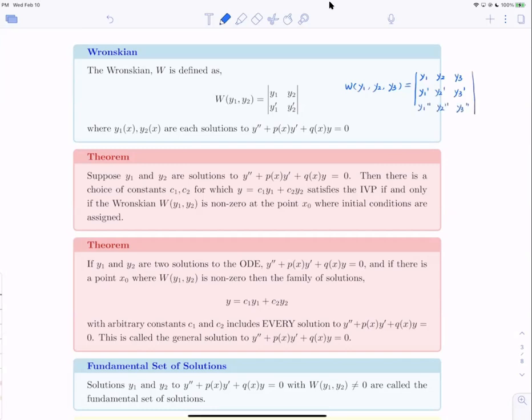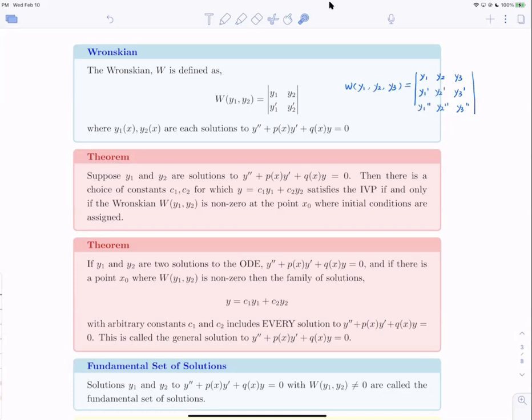So it goes on like this. If you have 4 terms, then it's y4 and y1 prime prime prime, y2 prime prime prime, and so on. If it's third order, then it should be 3 by 3. If it's fourth order, then it's 4 by 4, and so on.